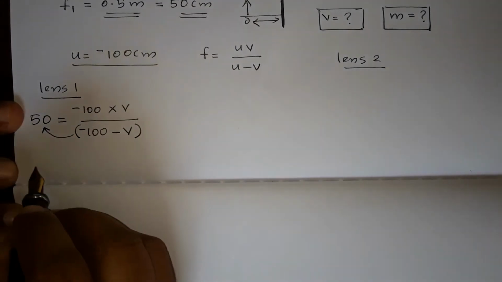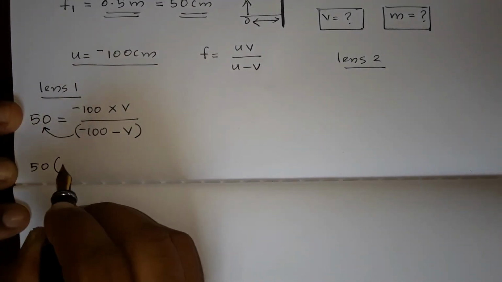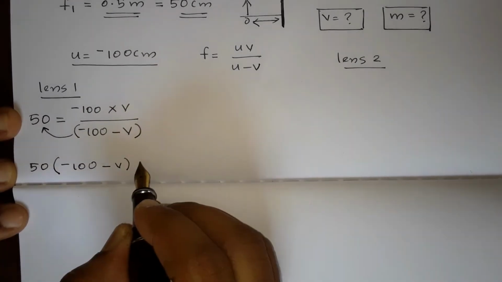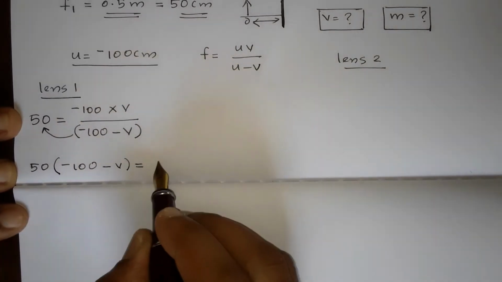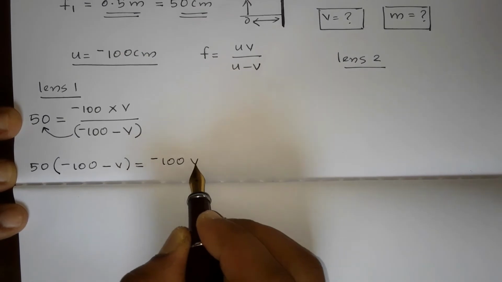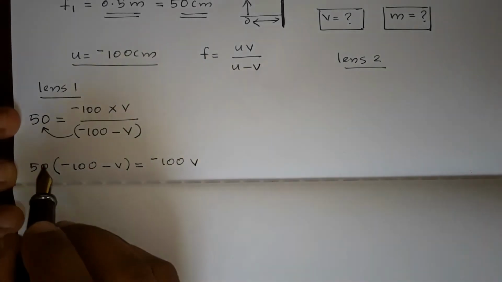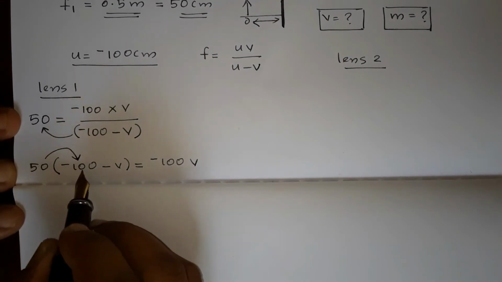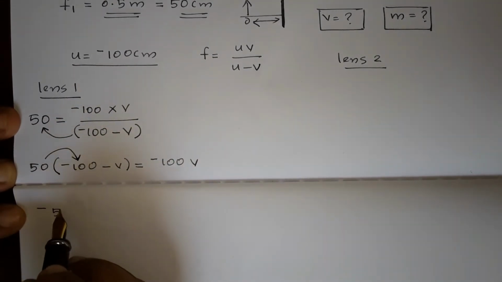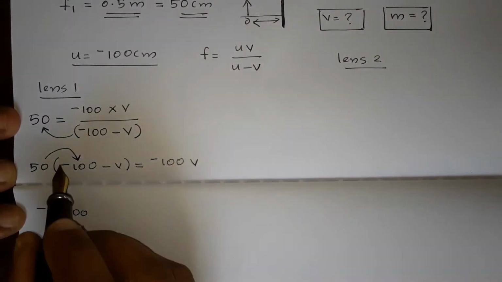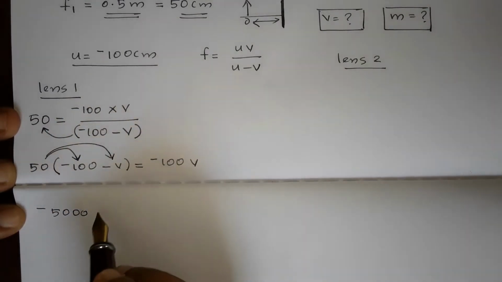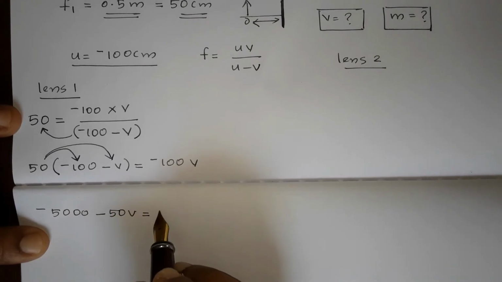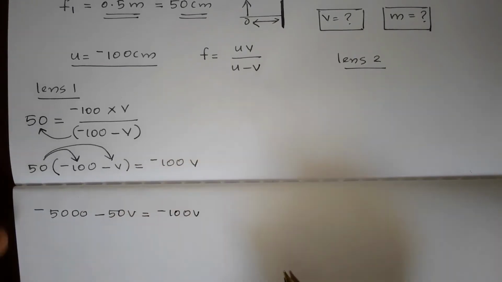So we will get 50 into minus 100 minus v is equal to minus 100 into v, minus 100v. In the next step let us open the bracket. 50 into minus 100 is minus 5000. 50 into minus v is minus 50v, is equal to minus 100v.